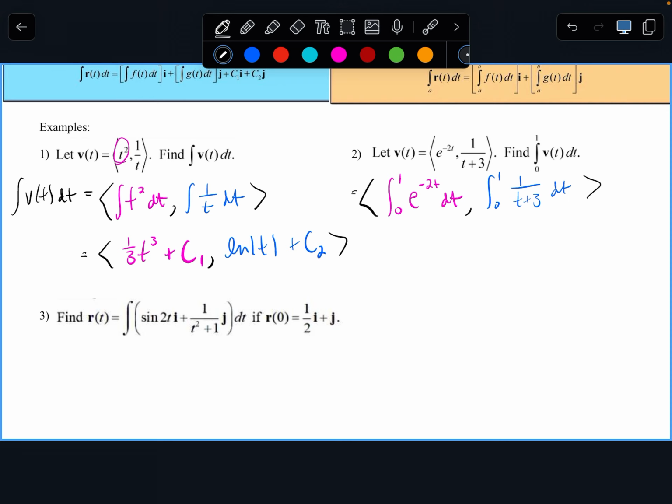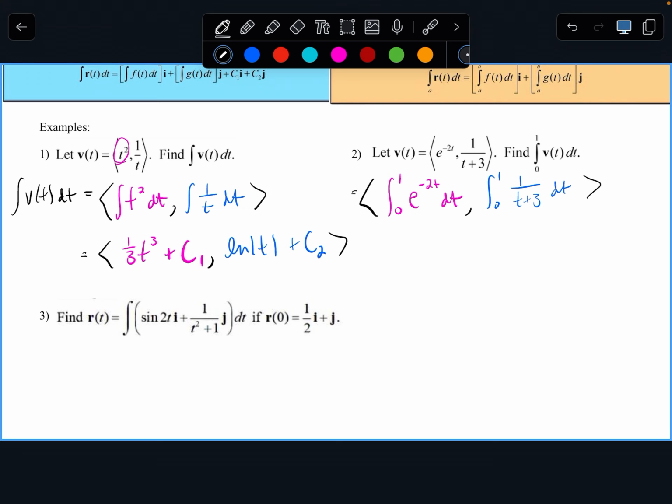I mean, you could do a u sub on the pink one, but since it's just like negative 2t, it's pretty basic, you're going to have to multiply by negative half. Remember? You have to undo the multiplying by 2 when you do a derivative.